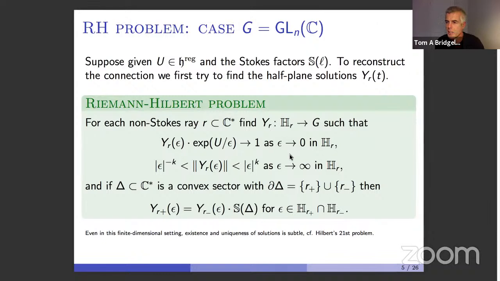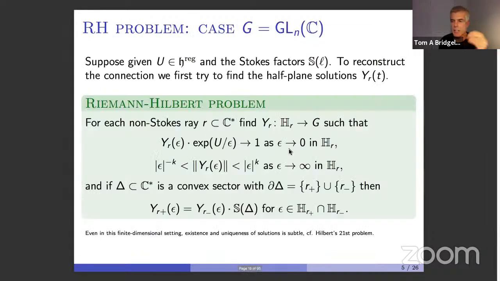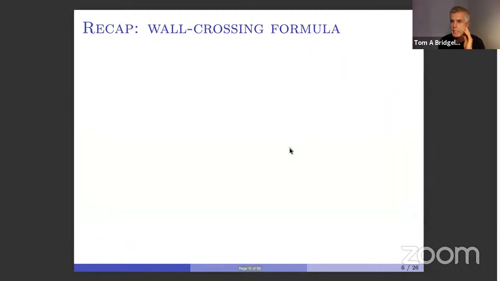It's asking about a Riemann-Hilbert map, except this is an irregular version. Those are subtle problems. So that's the finite dimensional setting, and now we're going to go to the infinite dimensional DT setting.